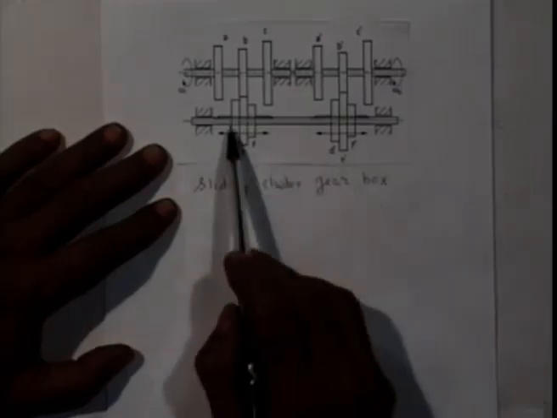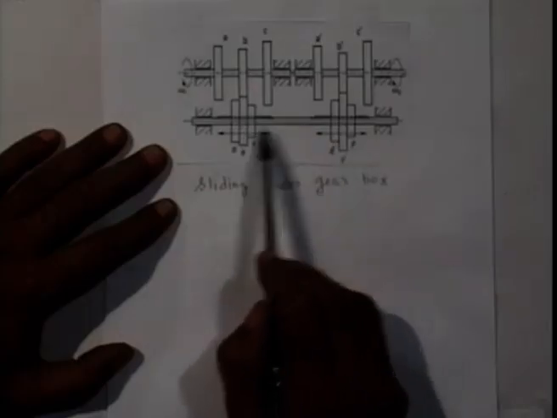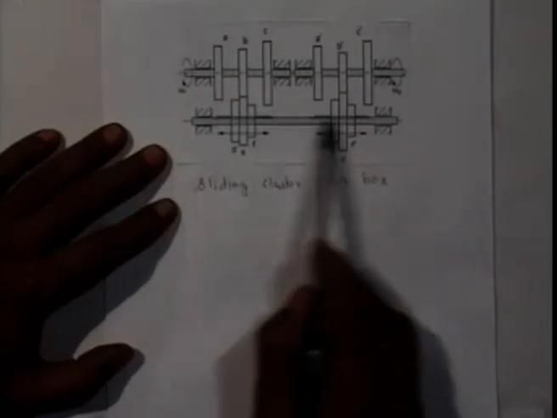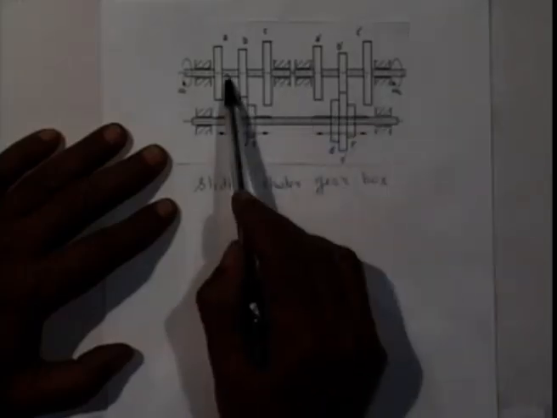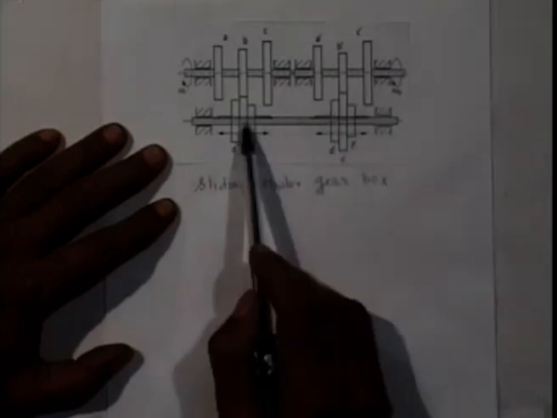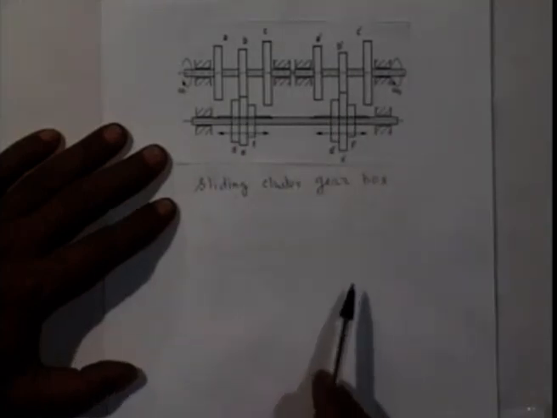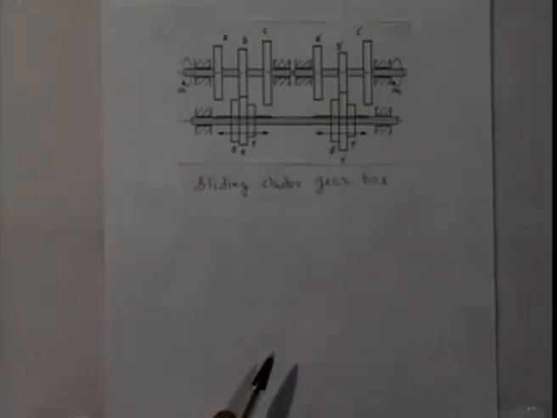The thing to note is that because spline shafts are much more costly, we have put both the sliding clusters on the same shaft. Input shaft, intermediate shaft, which is the spline shaft, and this is the output shaft. Input and output shafts have fixed gears, whereas this intermediate shaft, which is a spline shaft, has sliding gears. So this is a sketch of a 9-speed sliding cluster gearbox.